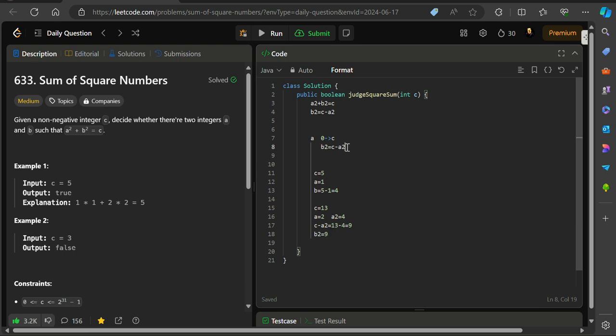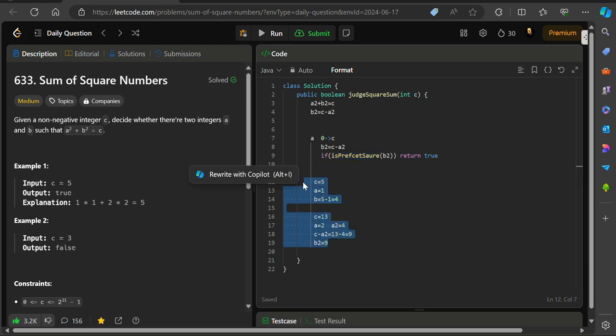So if I check whether it is a perfect square, if this condition returns true, then we can arrive at the solution.